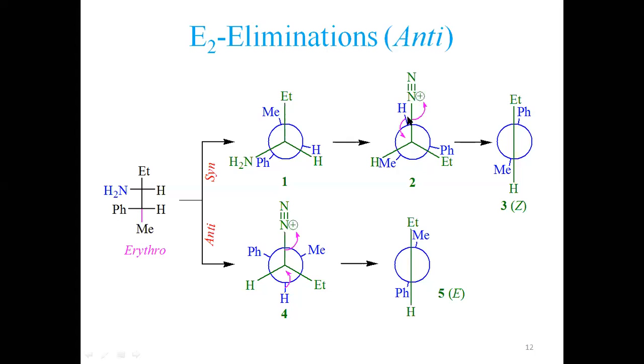So we need a base here. A base is taking this proton off. Because this is sterically hindered when we have this group present at this position, this is sterically crowded. But on the other hand, if both leaving groups are opposite, if we have this group present at this position, we have this leaving group, and you see this hydrogen, the base is picking up this proton.